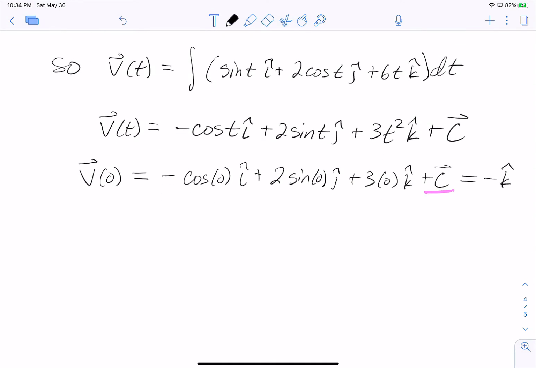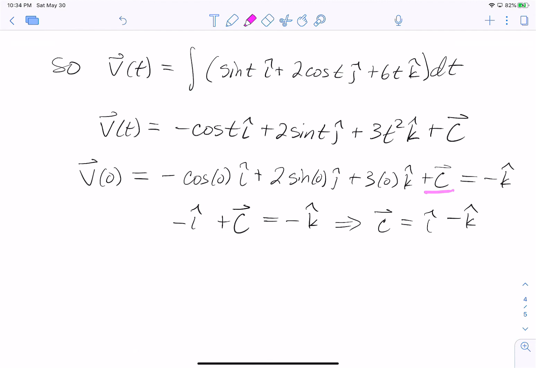Cosine of 0 is 1, so I have -i. Sine of 0 is 0. And then 3 times 0 for the k component is 0. So what I have is -i + c, the vector c, is equal to -k. Therefore, I know that c is equal to i - k.